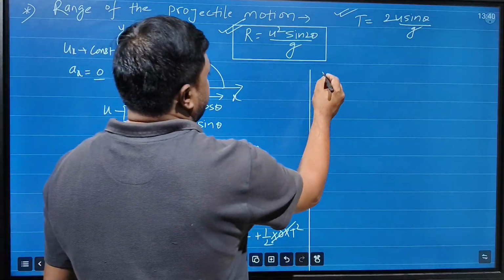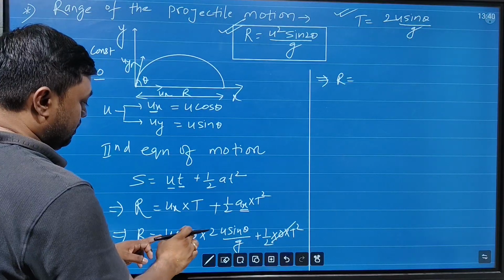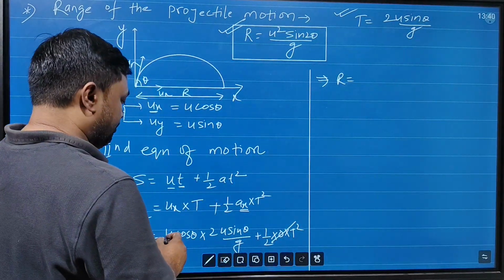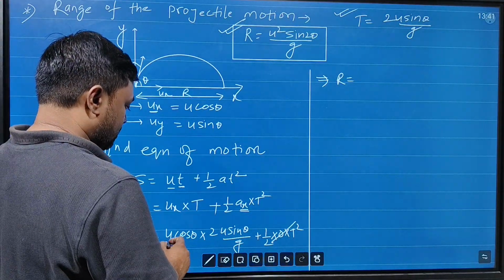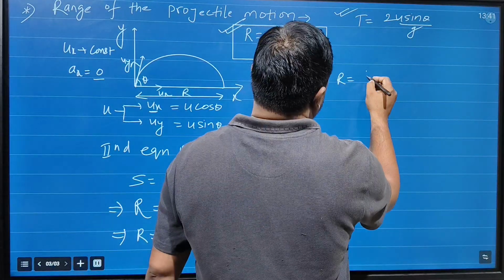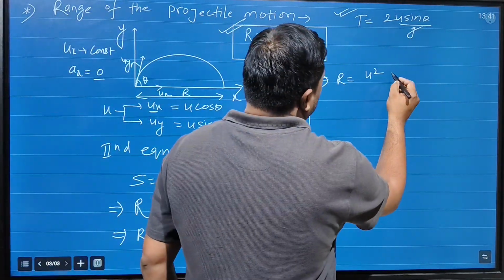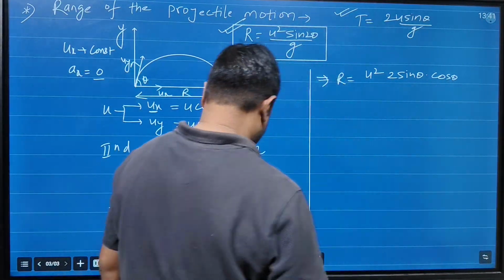So what we are getting is, range is equal to u cos theta into 2u sin theta by g. u into u becomes u square. So we can write u square into 2 times sin theta into cos theta upon g.